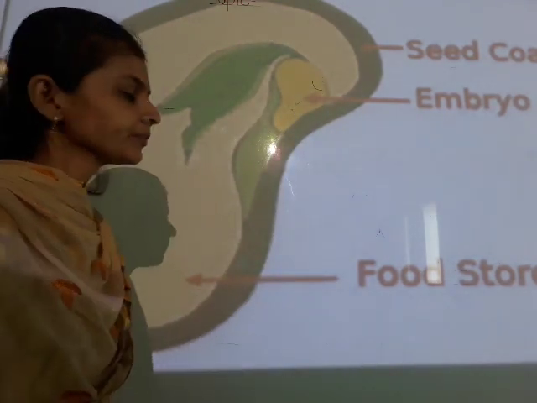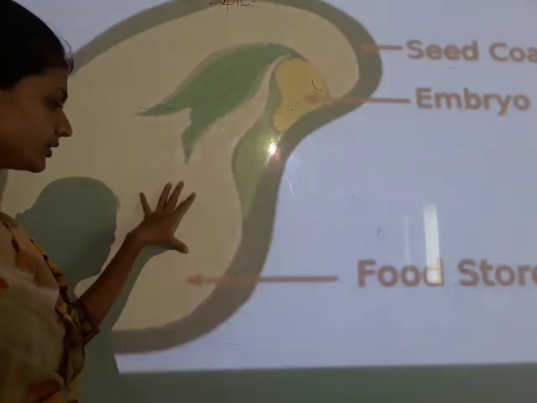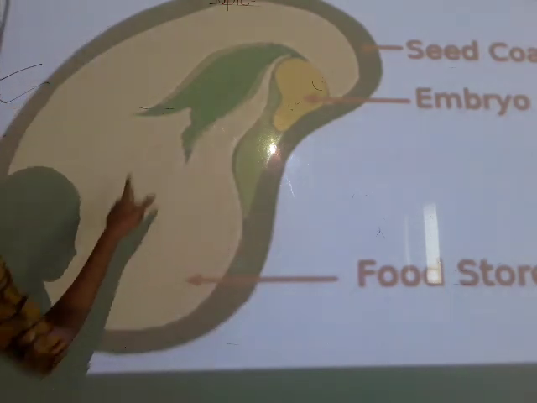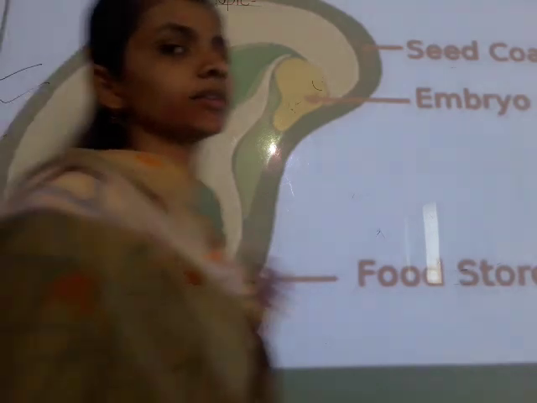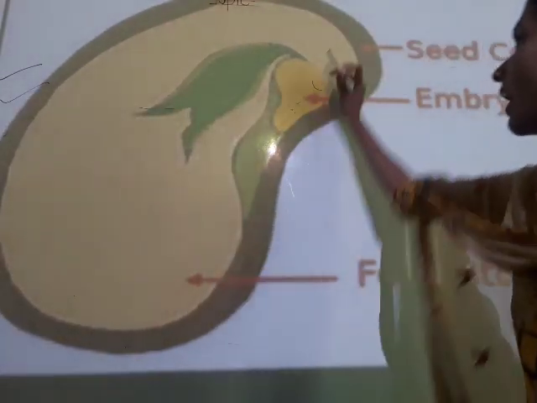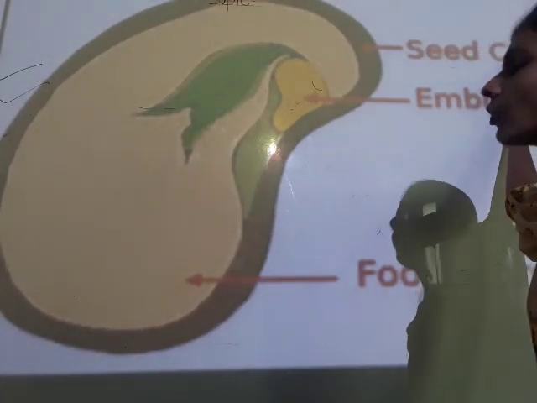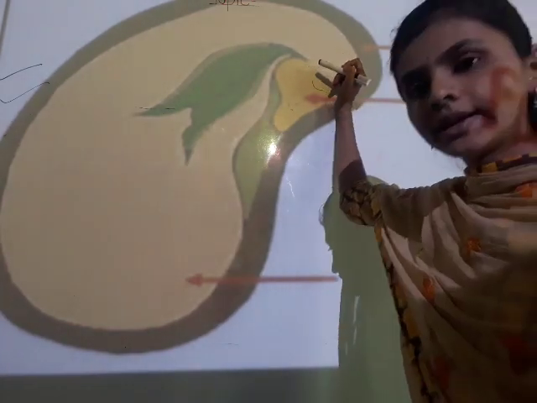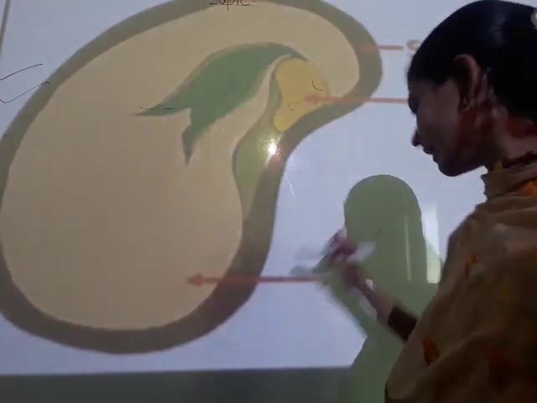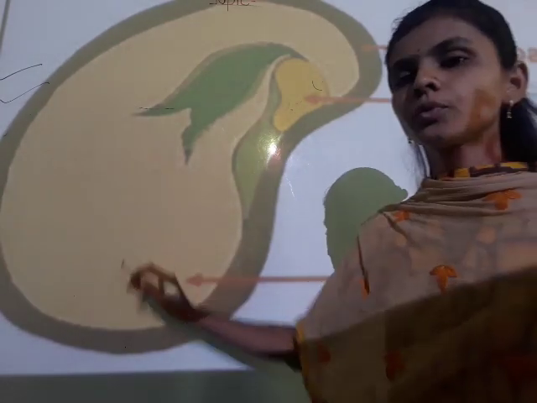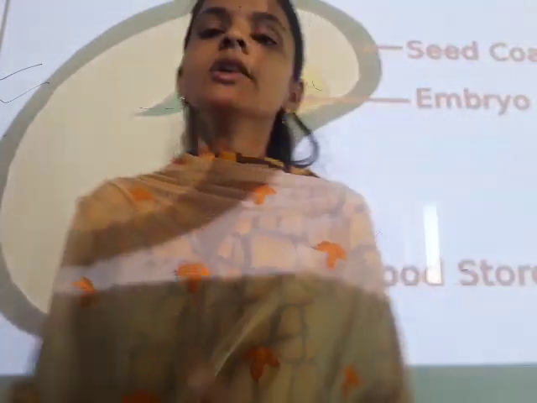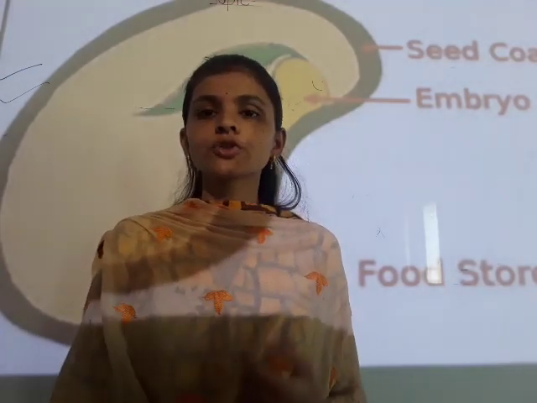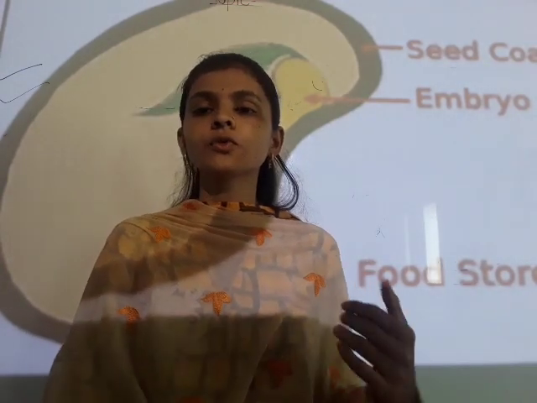Food store is here, storage of food is present over here, and that is known as the cotyledons. So the outer layer is the seed coat, the inside part is the embryo, which is a baby plant, and lastly the stored food is also known as the cotyledons. One by one we will see the function of seed coat, embryo, and the stored food.